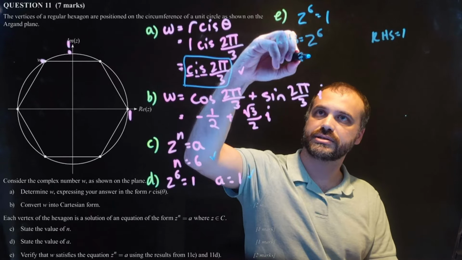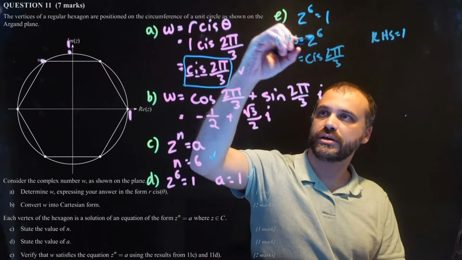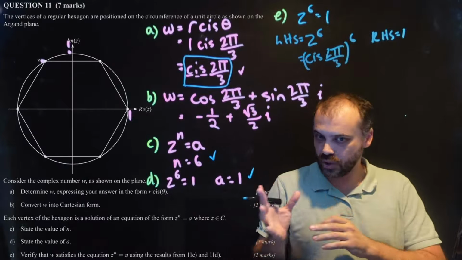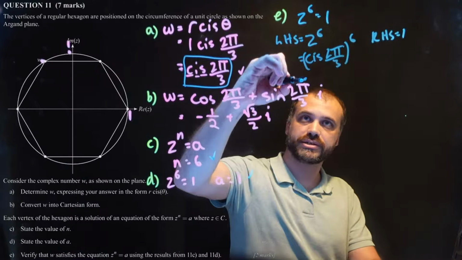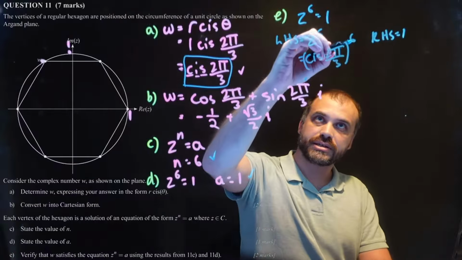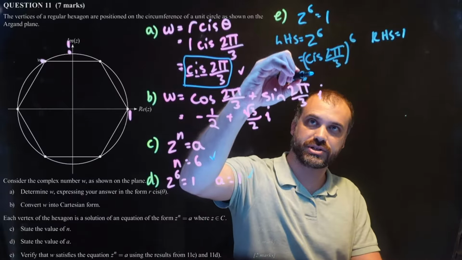So let's see. Cis 2 pi on 3, and I'm raising it to the 6. All right, so we're using de Moivre's theorem here, however you want to pronounce it. There's an invisible 1 sitting here that we got rid of earlier. 1 to the power of 6 is just 1. So that stays just as a 1.